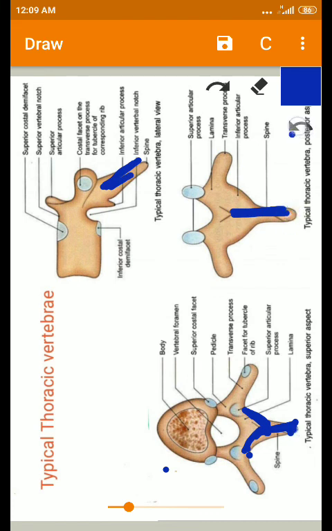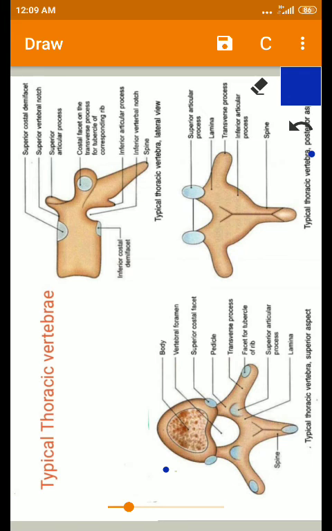So this is the tubercle here. This is about the spine. The spine passes backwards and downwards and ends in a tubercle.